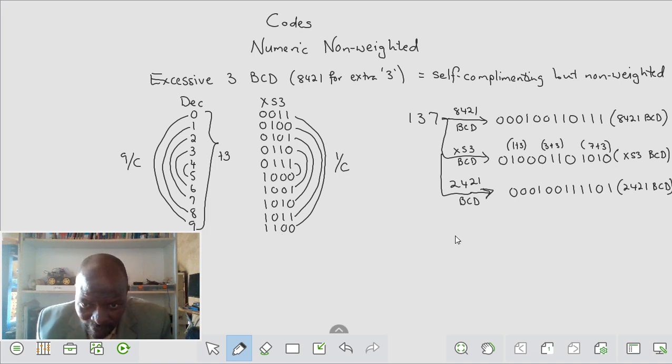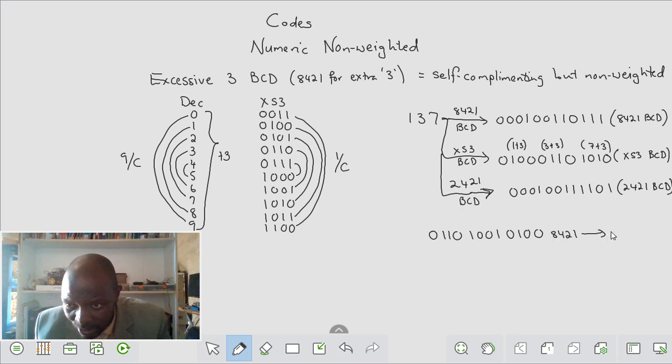Now the other code that I would like to look at, okay, how do we go back? If we are given a number, let's say 0110 1001 0100, and we are told this is 8421 BCD, and we are asked to convert this to 2421. I'm making an example here.